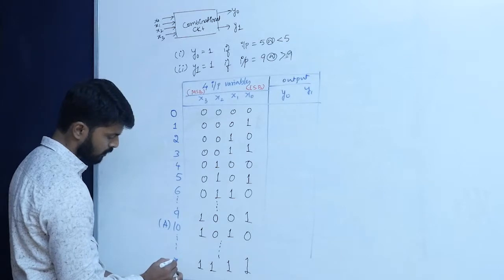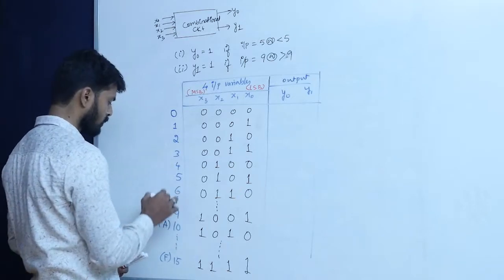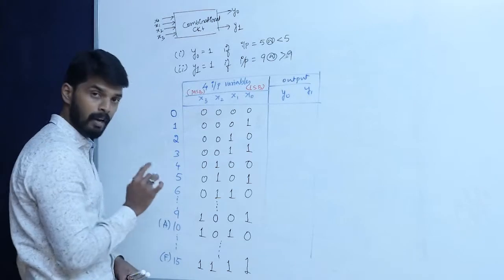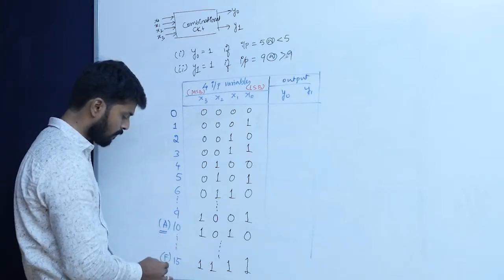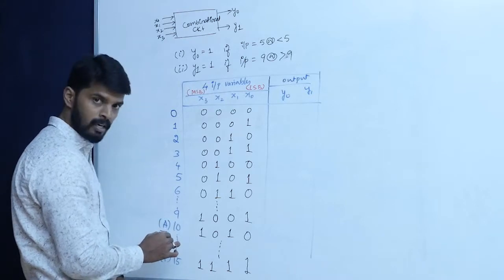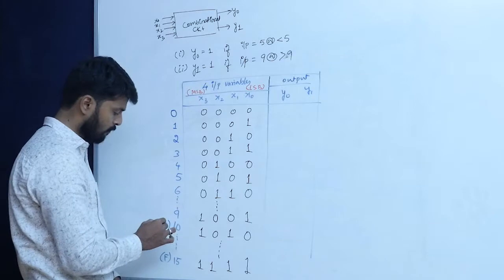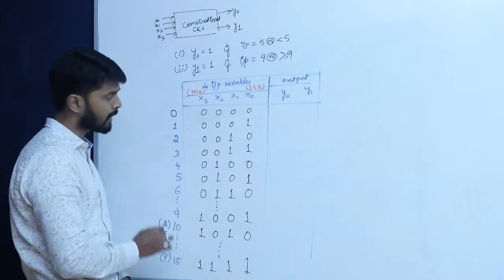The decimal value 15 has hexadecimal equivalent F. For hexadecimal, 0 to 9 is the same as decimal, but after 9, 10 is represented with A, 11 with B, 12 with C, like that. From 10 to 15 we use the alphabets A to F in hexadecimal.